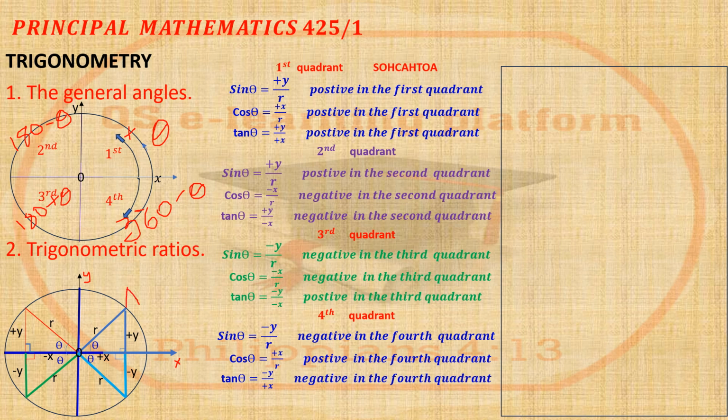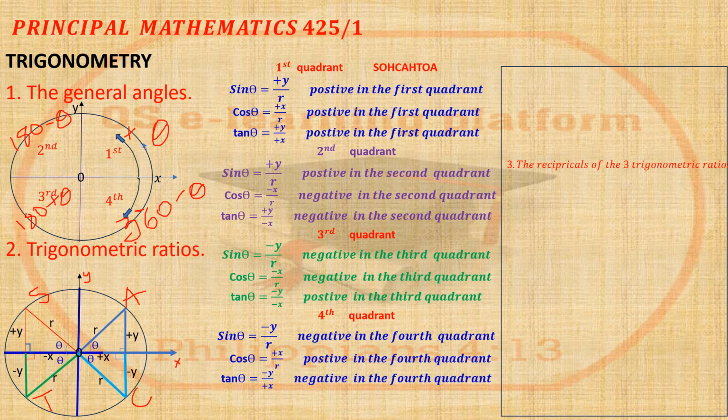So I will use capital A. In the second quadrant, it is only sine that is positive. I will use capital S. In the third quadrant, it is only tan that is positive. I use capital T. Then in the fourth quadrant, I will use capital C, because it is only cos that is positive.